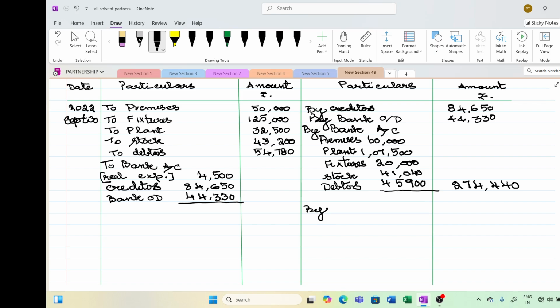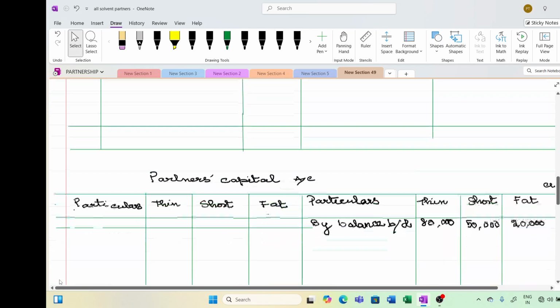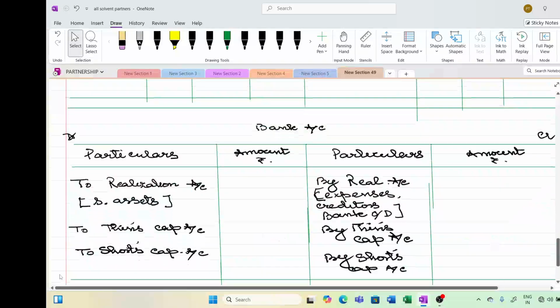So now this is over. We have transferred all the assets to the debit side of realization account and all the outsiders' liabilities to the credit side. Whatever we have realized by selling the assets, we have taken in bank account and we have made payment to creditors, bank overdraft, everything. Now you can simultaneously post this into your bank account.